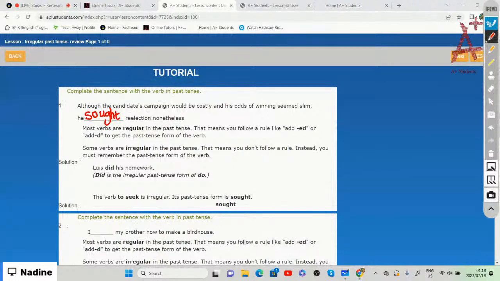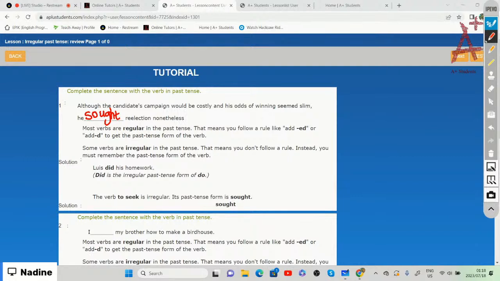Because here it says that he is basically seeking to re-elect nonetheless, right? So as much as it's costly, and the odds of him winning are slim, he is basically seeking to re-elect nonetheless. So to seek is the irregular verb, and the past tense of that irregular verb to seek is sought, right?